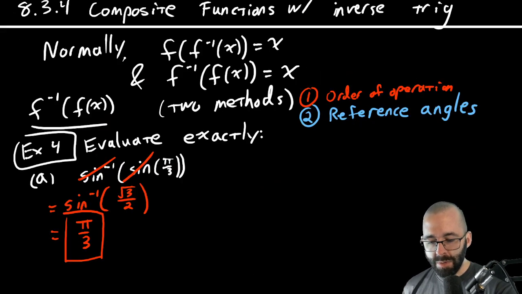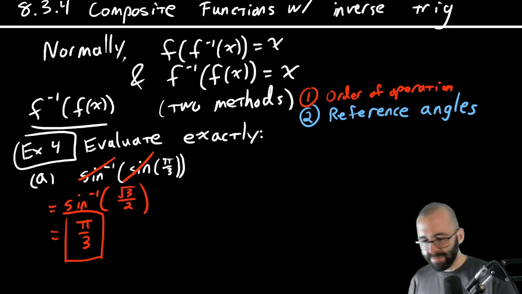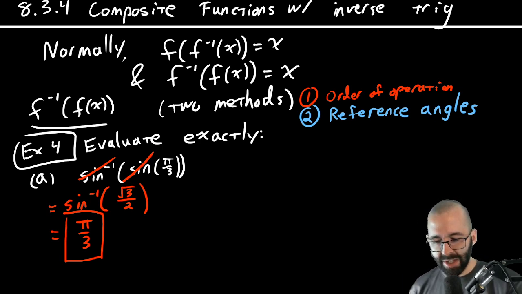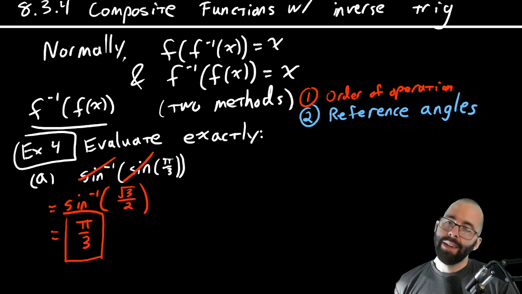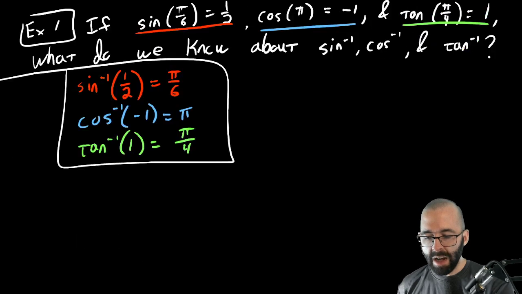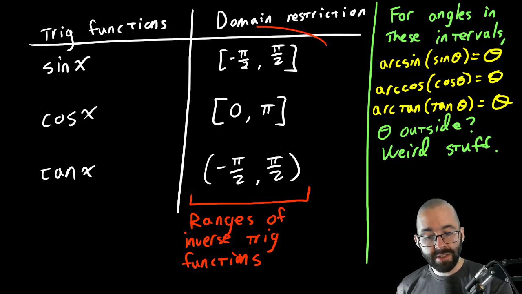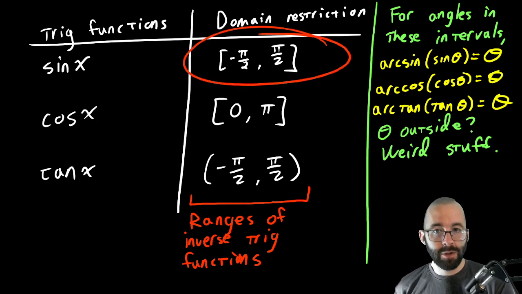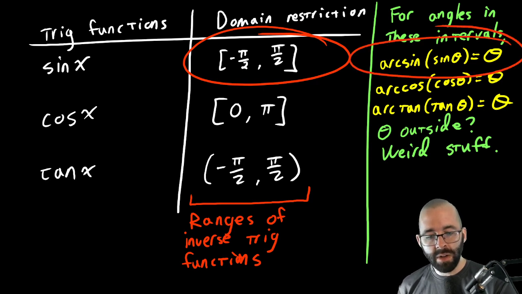Oops, excuse me. I wanted to undo that, but once I switched, I can't undo it anymore. Pi over 3 for sine is in that restricted domain. So we have this really nice property.